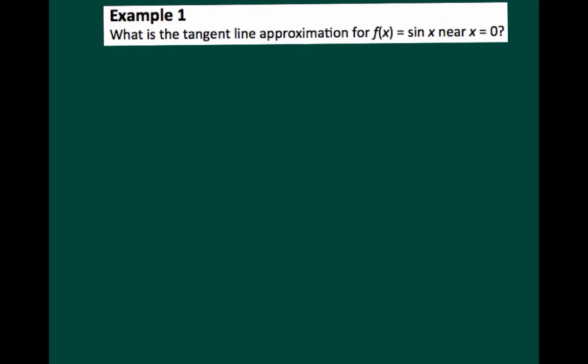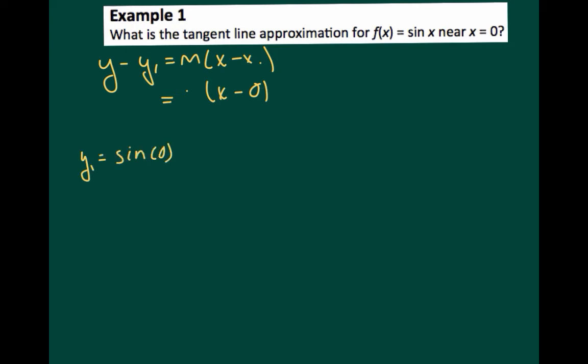All right, so they're asking us what's the tangent line approximation for f of x equals sine x near x equals 0. So all along we would have done this: y minus y1 equals m times x minus x1. And right off the bat, we know that x1 is 0. And y1 would have equaled the sine of 0, which, as you all remember, is 0.